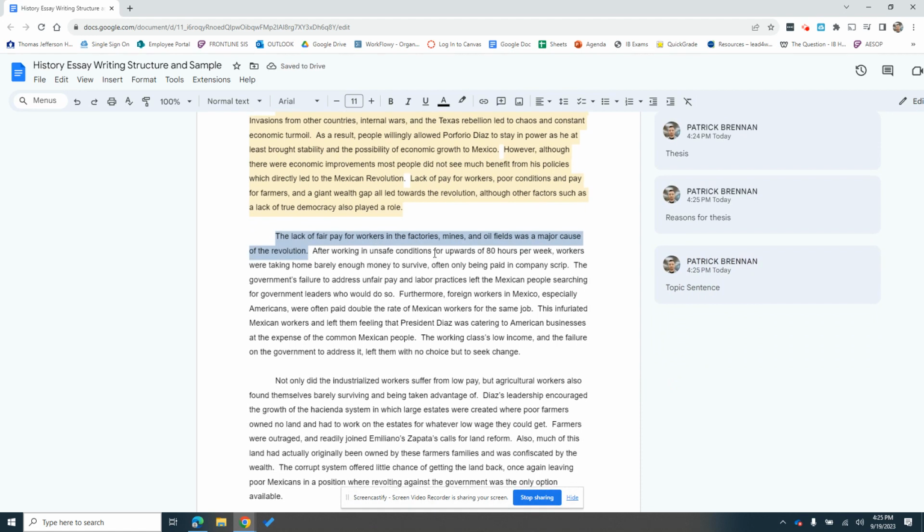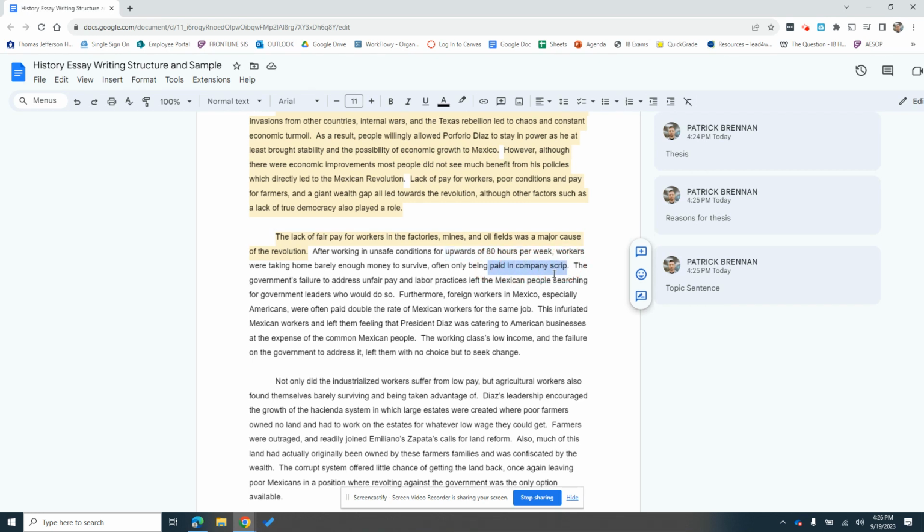After working in unsafe conditions for upwards of 80 hours per week, workers were taking home barely enough money to survive, often only being paid in company scrip. So this is an evidence sentence. What is our evidence? We have facts. They're working not only in unsafe conditions, but 80 hours a week, barely making any money, and also often being paid in company scrip, which isn't even real cash.